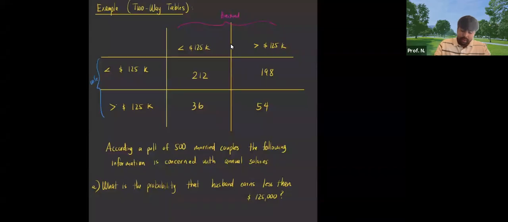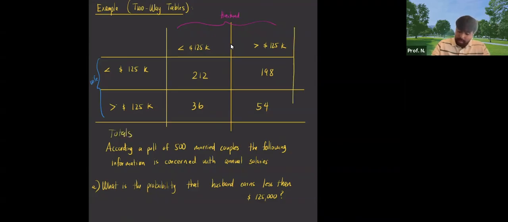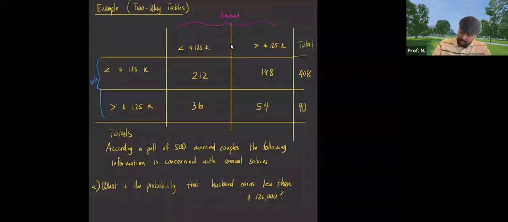So they have to total these up, right? So these are the totals. You can also do the totals here. So 212, they all have to add up to a certain number. So 212 plus 196, that's 408. 36 plus 54, 90.